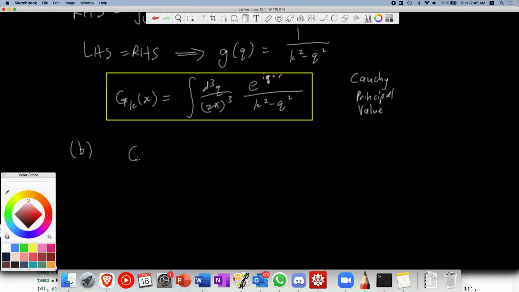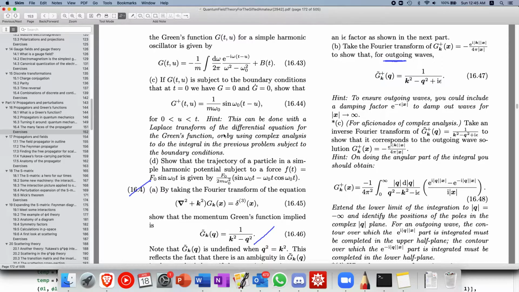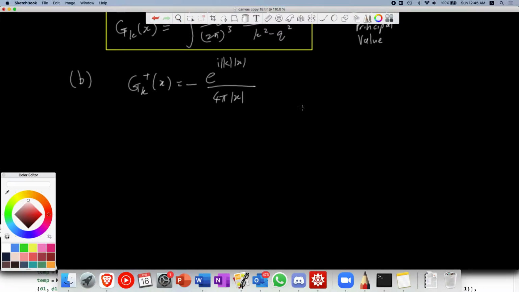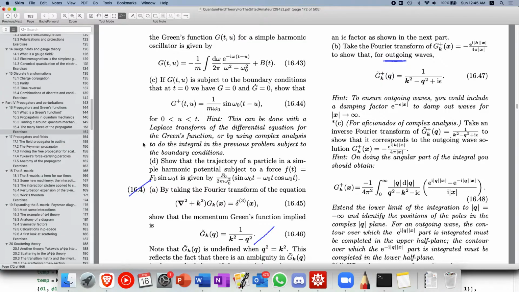Okay, so we have G_k plus of x equal to e to the power of i k r over 4 pi r. So how do we Fourier transform this?